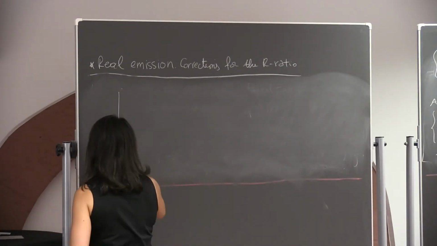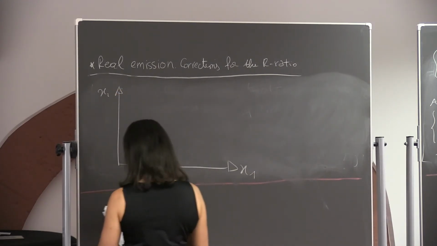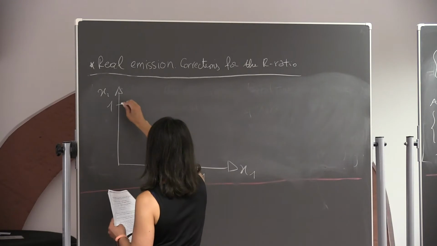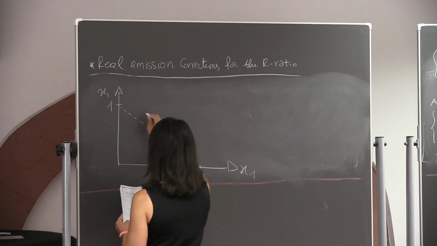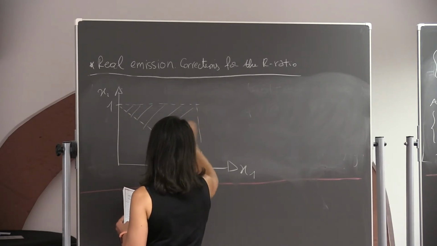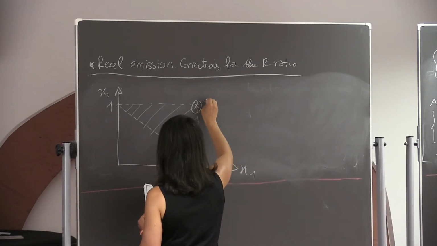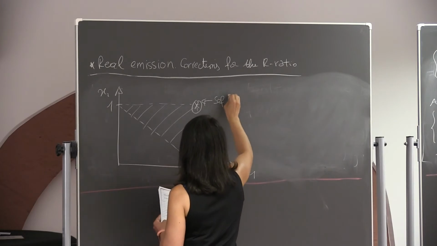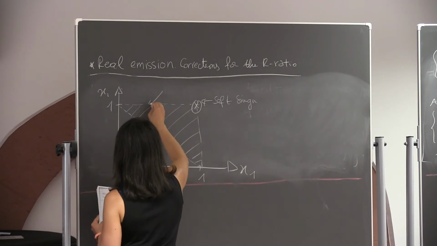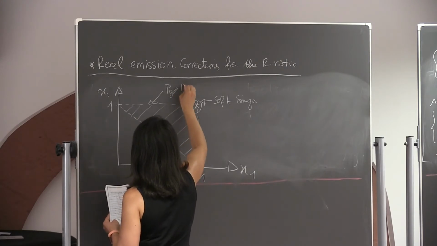So if I were to draw my space, my two-dimensional space for x1 and x2, this is 1, this is 1, this is the soft singularity, this is PG collinear to P1.